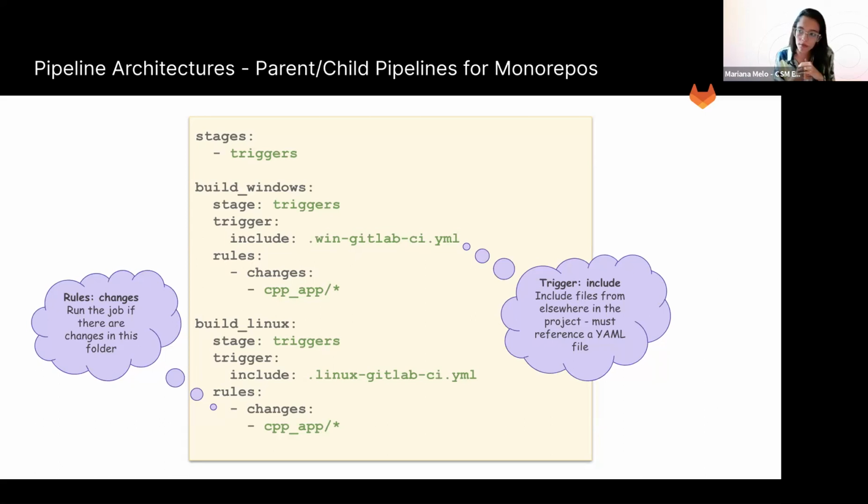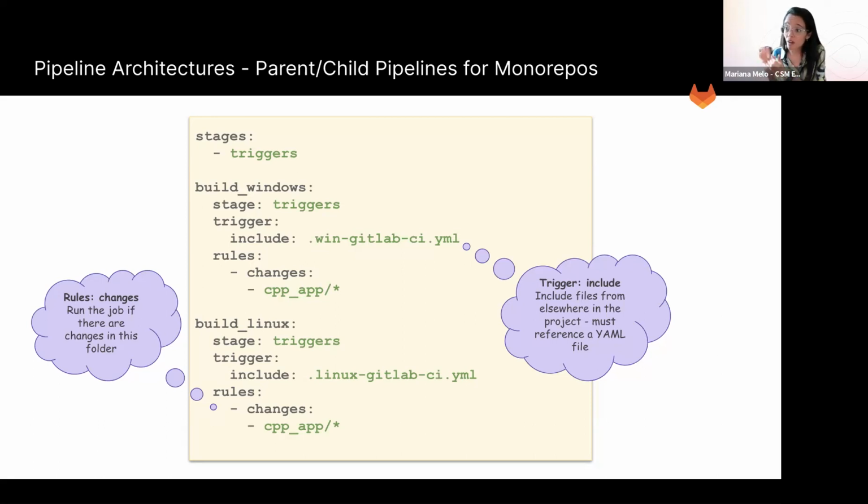Like I mentioned before, we'll cover the rules soon, but just to give you a little bit of context, because we're seeing some rules here, you can use them to trigger a child pipeline under certain conditions as well. So the child pipeline here only triggers when changes are made to the file app.cpp under the app folder.